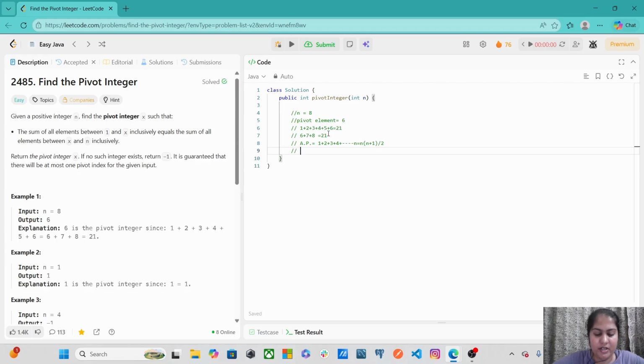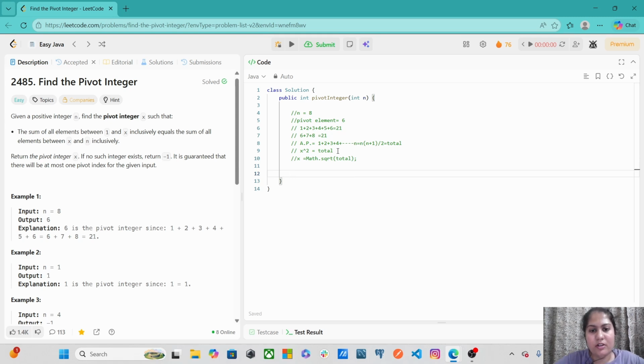Am I correct, guys? That means x square is equal to the total. So if I calculate the total, then to get x, math dot square root of total is equal to x. This is my logic. As simple as anything else. Both time and space complexity are constant, that is big O of 1.